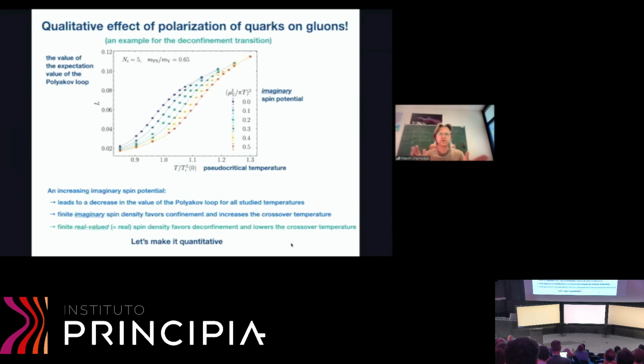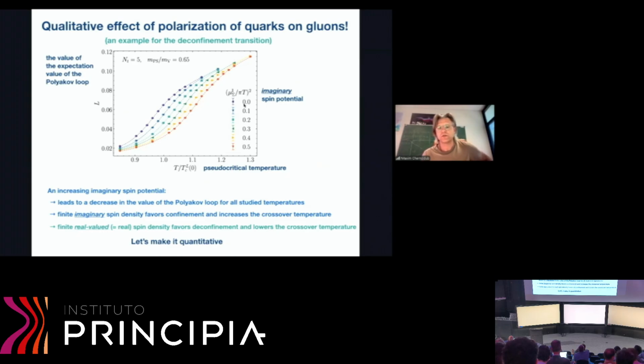And first of all, I would like to basically come to the end of the talk, saying that we should first notice the qualitative effect of polarization of quarks, of spin of quarks, on gluons. So here I consider the Polyakov loop. It has not been used for determination of temperature, but just qualitatively to show the effect. We consider some specific mass ratio, some specific temperature extension, and then we vary the spin potential.